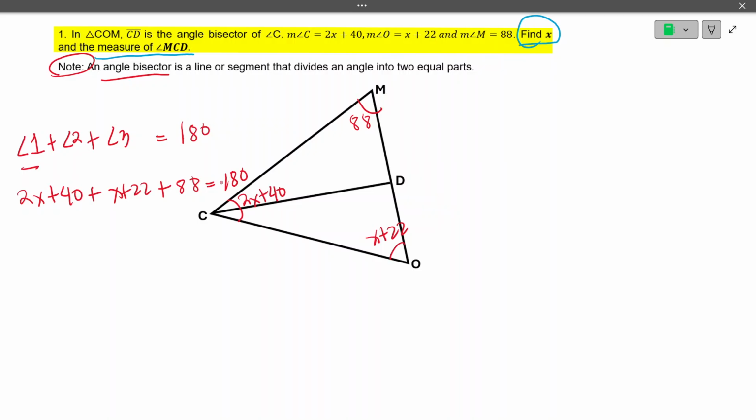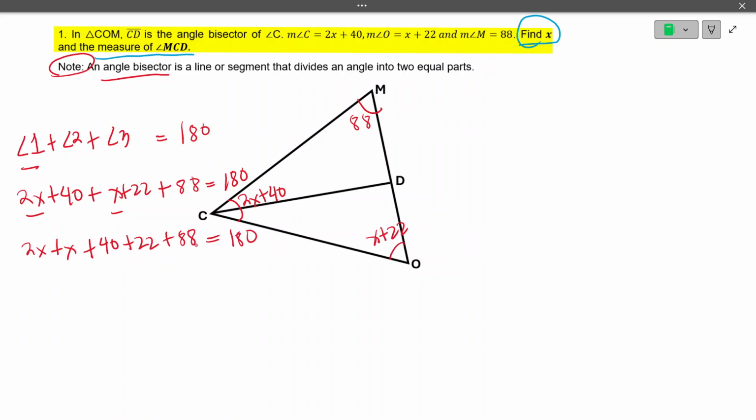After having this equation, what do we do? We combine like terms. Let's start with the terms with variables. 2x plus x is 3x. If we add 40 plus 22 plus 88, what is the sum of those three values?